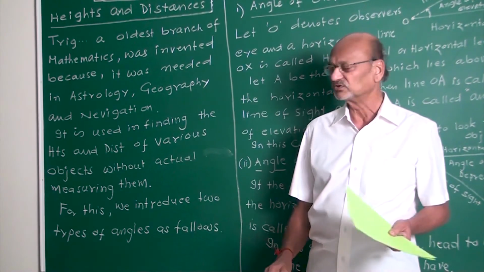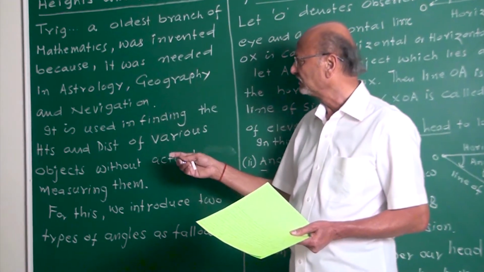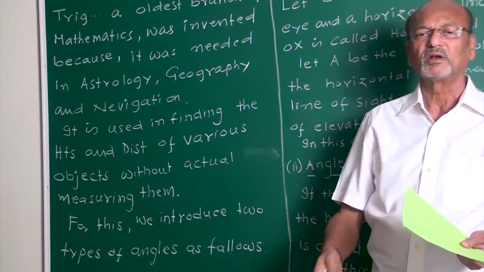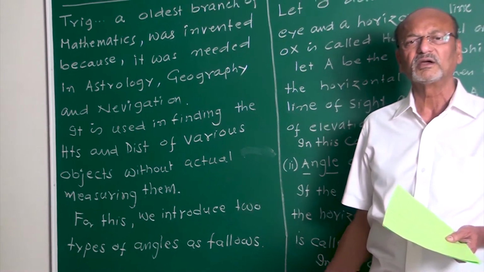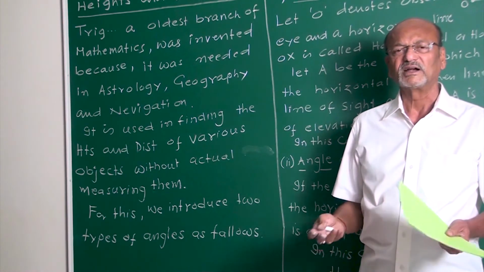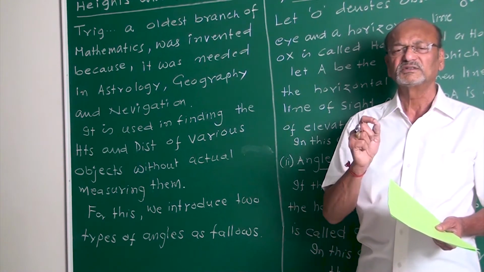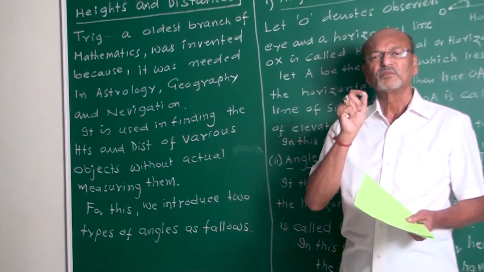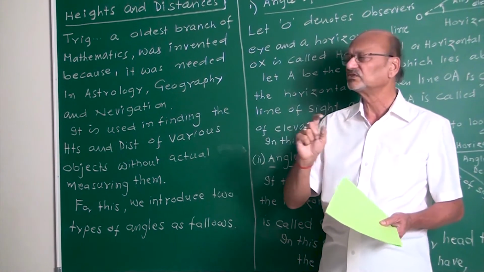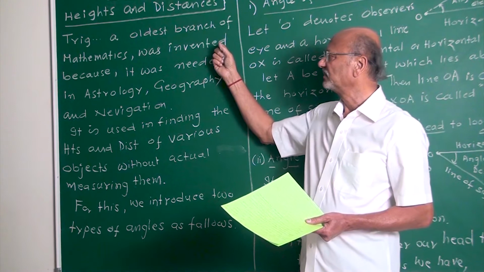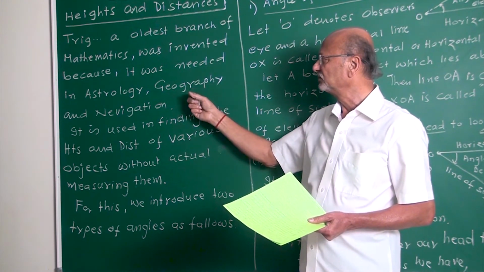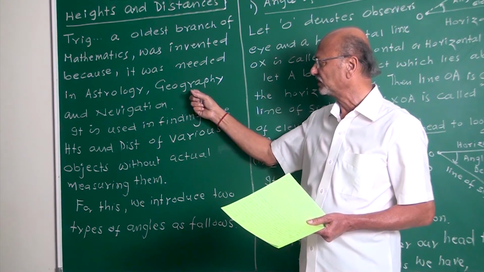Geographers wanted the height of a temple, a tree, a tower. These are the things we are unable to measure, so mathematicians introduced trigonometry to help this set of people.